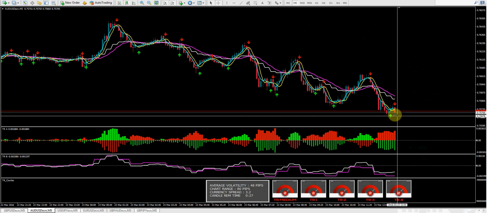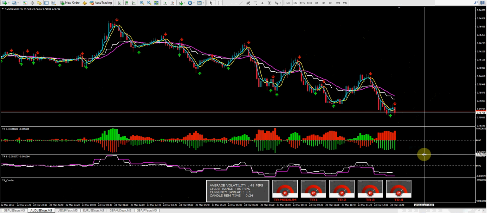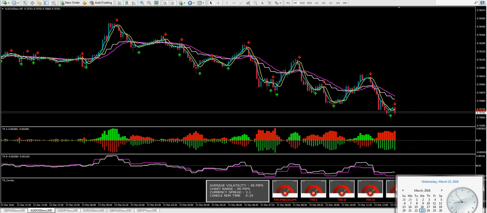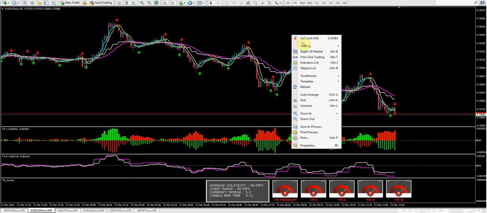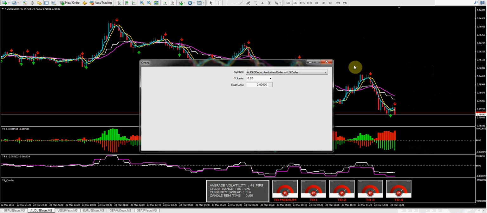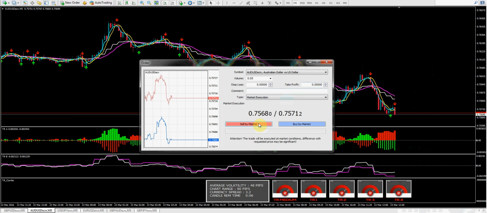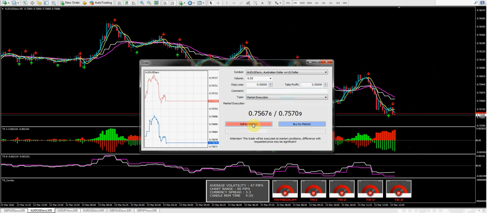So I want to see this close beneath that level, and that'll be a good opportunity to take a short there. Let's see what we get. I really want to see it break this level before I jump in.